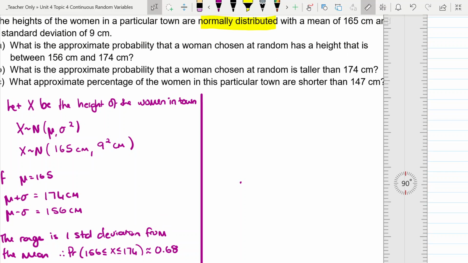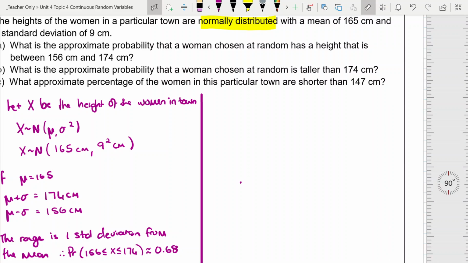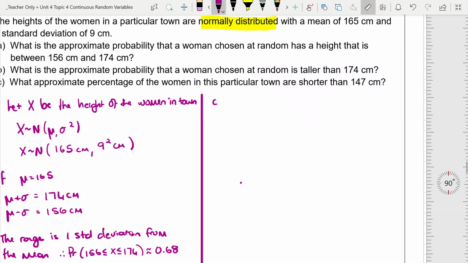It says, what's the approximate percentage of the women in this town who are shorter than 147? Now we're no longer working with the 174, 156. So my immediate thought is, let's have a look if that's maybe 2 standard deviations away from the mean. Okay, so mu minus 2 sigma is going to be 165 minus 2 times 9.